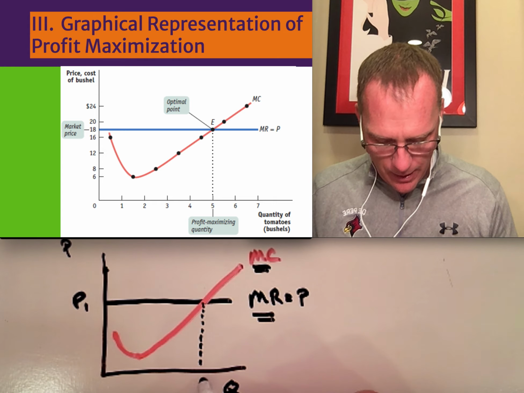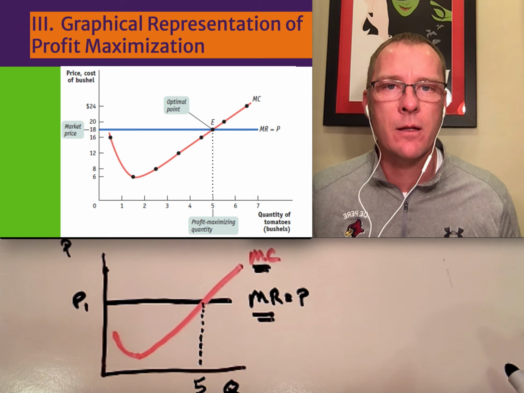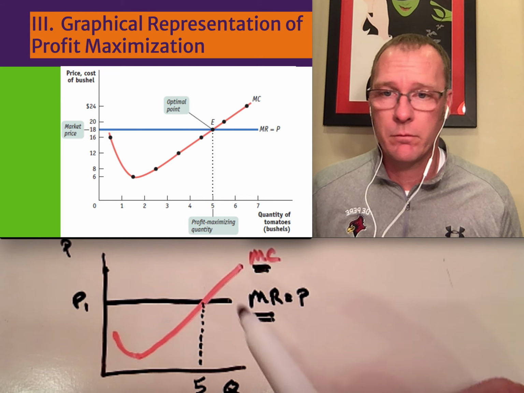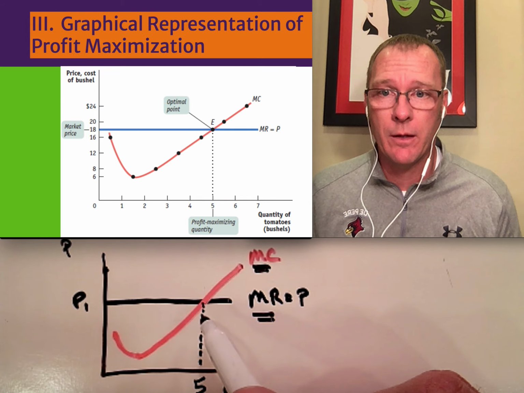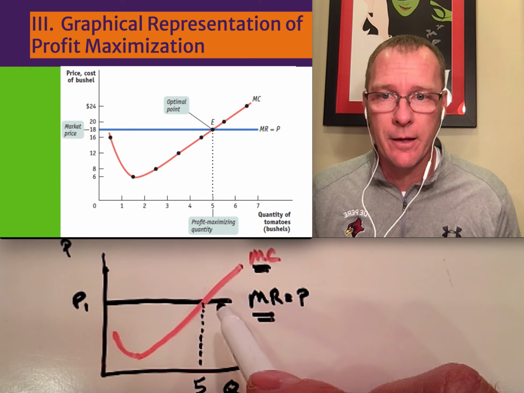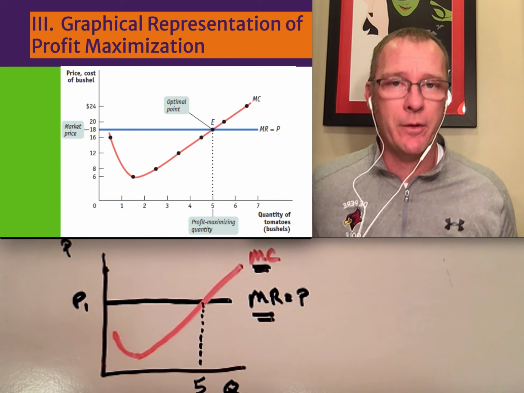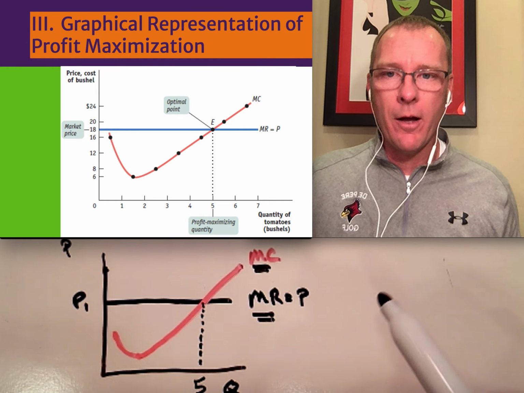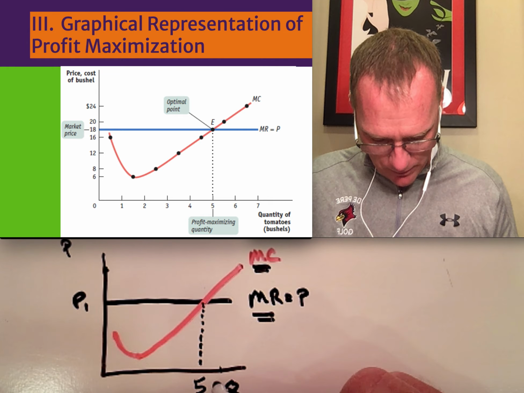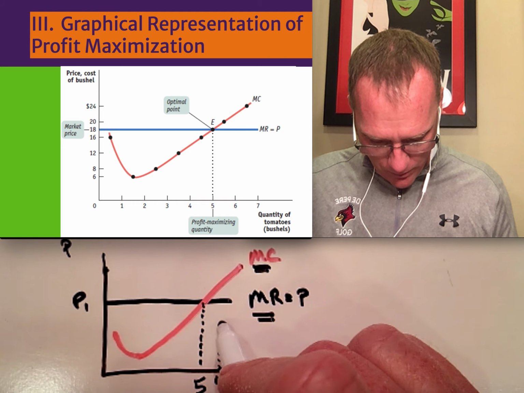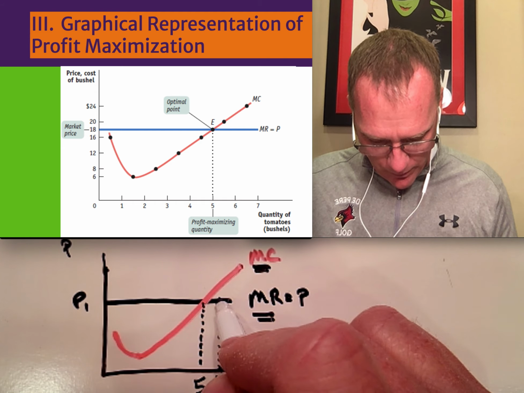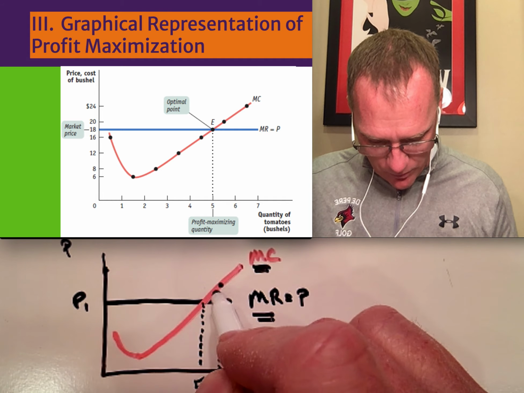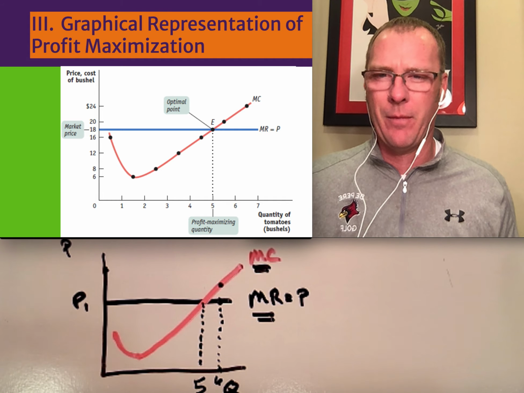So in this case, I should make 5 things, because if it costs me more to make it than it does to sell it, then I'm not going to make it. I'm not going to make 6 things because it costs me too much, right? If 6 is here someplace, and I go here, I'm only getting this much price, but it costs me this much to make it. So that means my costs are higher than my revenue.